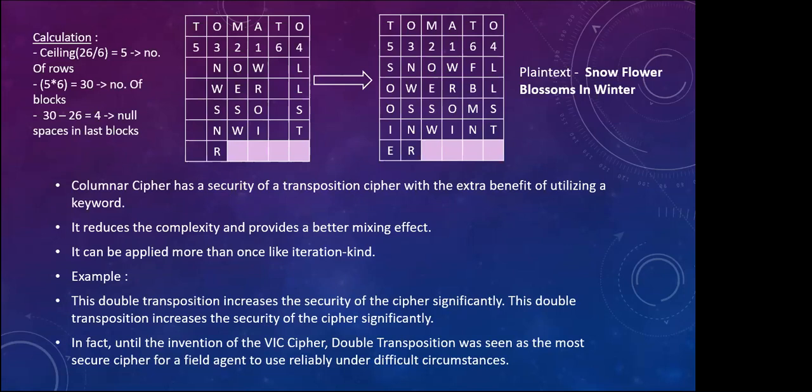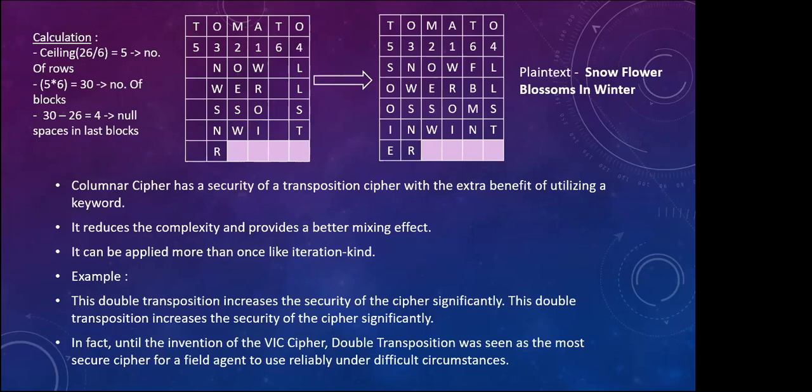As we have seen, we have encrypted it just once. We can even encrypt it 2 or 3 times, like an iteration, for a particular number of times to make it more secure and difficult to decrypt.